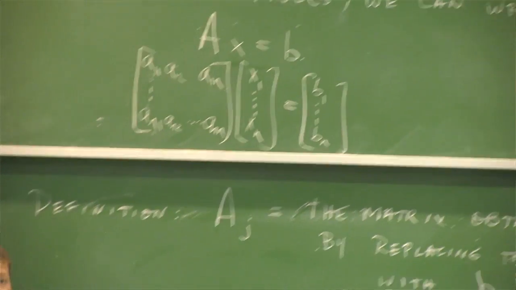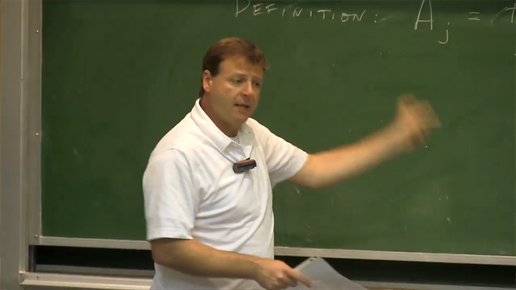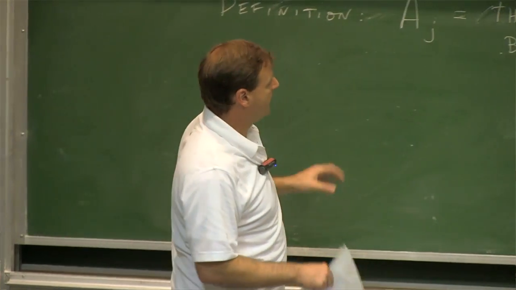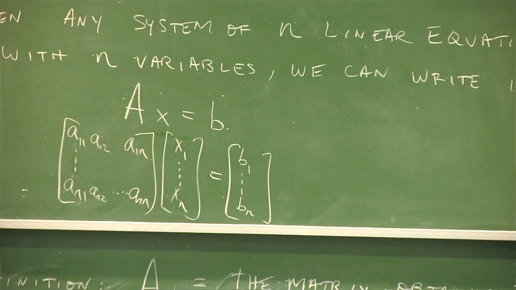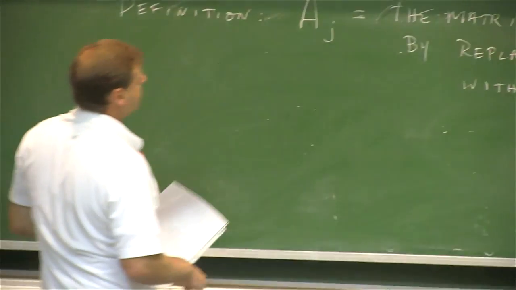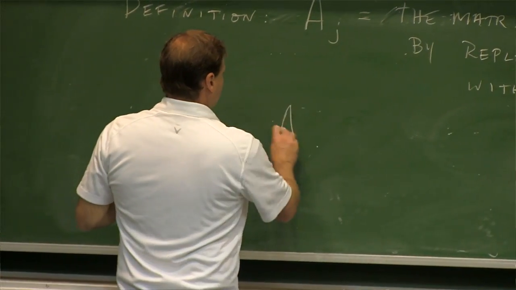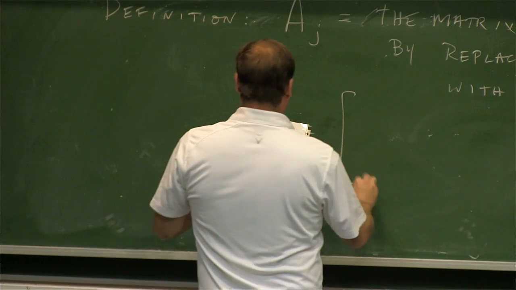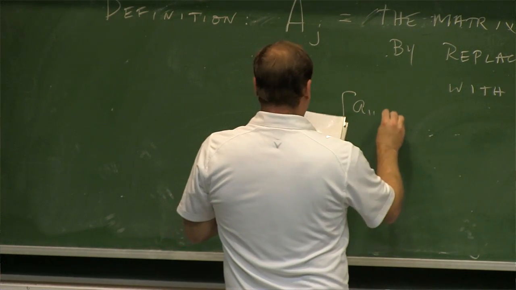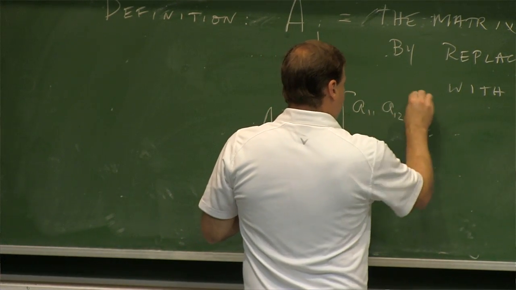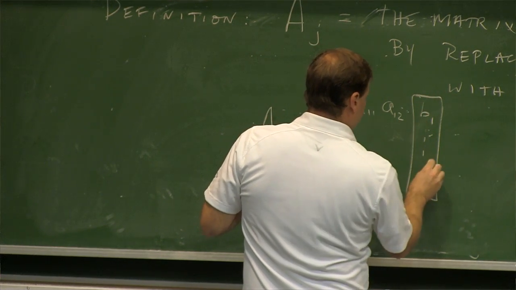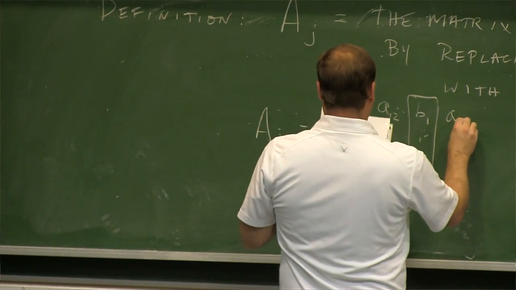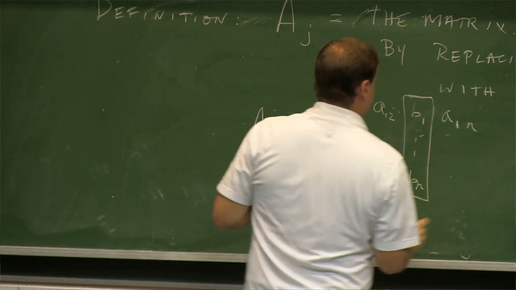Now, there's n of these I can make. I can make A1 and A2 and all the way up to An. And every time I just take this and I put it in place of the jth column. Let's get a little picture of it. So A sub j is going to be A11, A12, and then I'm going to have B1 through Bn, and then A1n.